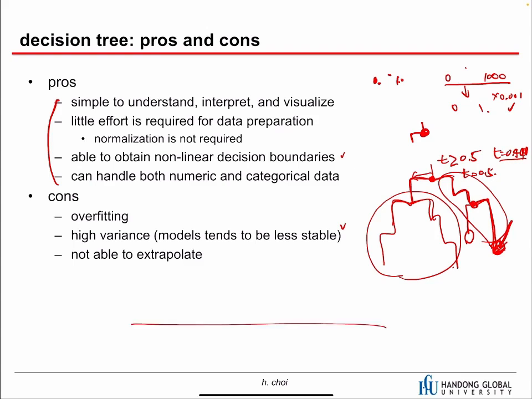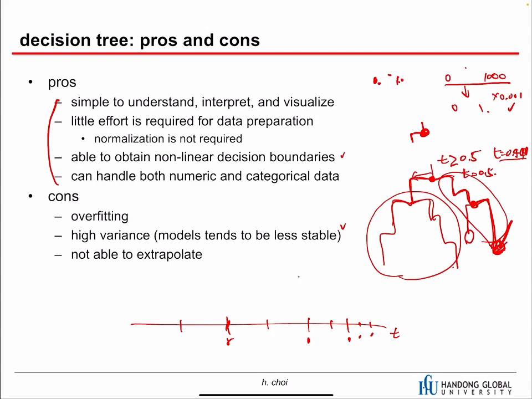Let's say this one is t, and we are using only one feature to split. So let's say this one is the first node, and then in the second node and the third node, we can split here like this. This is our decision tree. This is the root node, then the next one, and the next one. So it doesn't matter what kind of order we have. Anyway, this one is our decision tree.